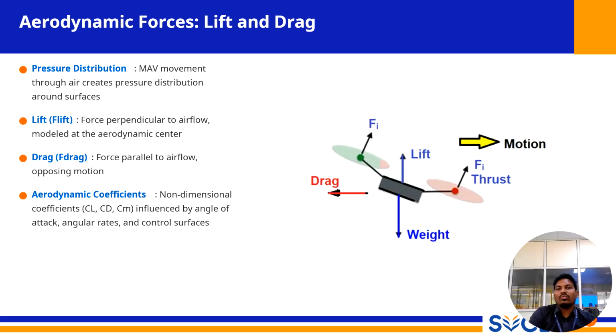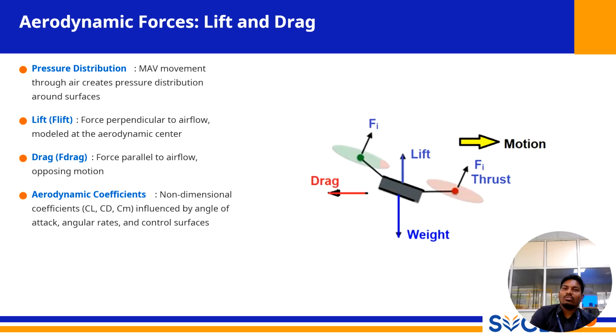To predict these forces under different conditions, we use what we know as the aerodynamic coefficients. These are non-dimensional coefficients. For lift, drag, and pitch moment, we have CL, CD, and CM, respectively. These capture the aerodynamic characteristics of the aircraft shape.